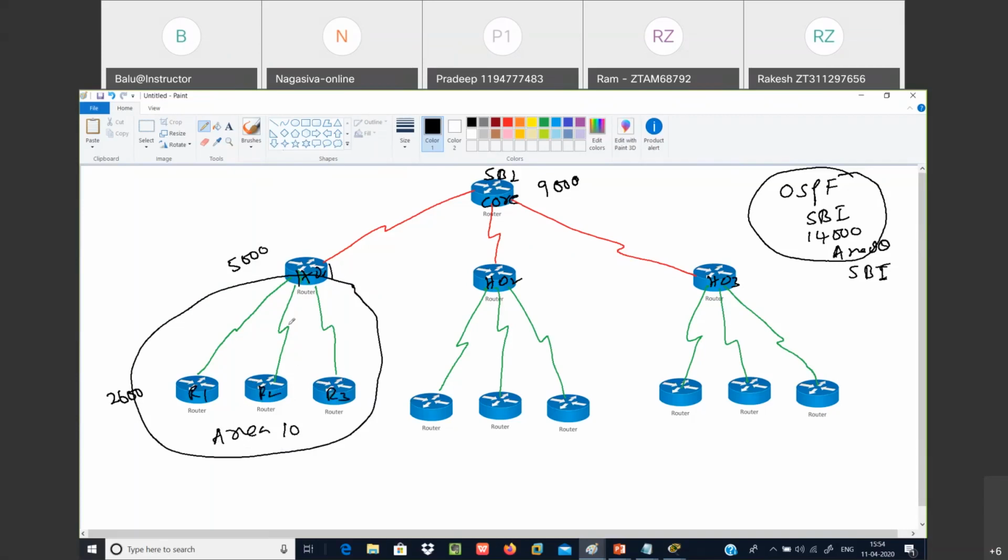So R1 should maintain information only for the routers within its area. No need to maintain information for all 14,000 routers. If there is no area 10, all routers belong to area 0, 14,000.